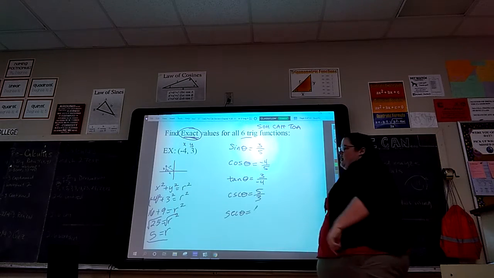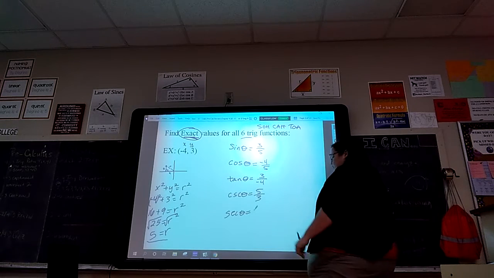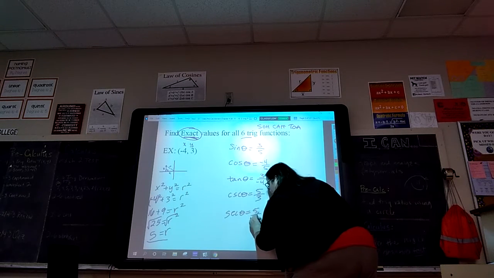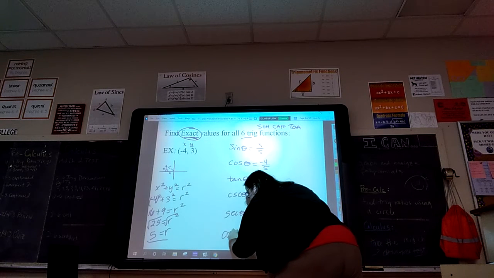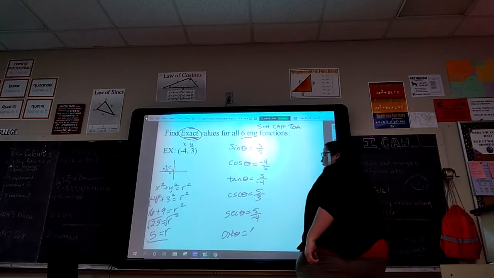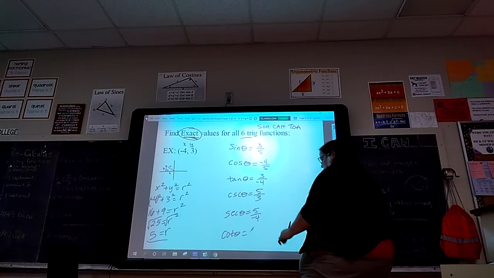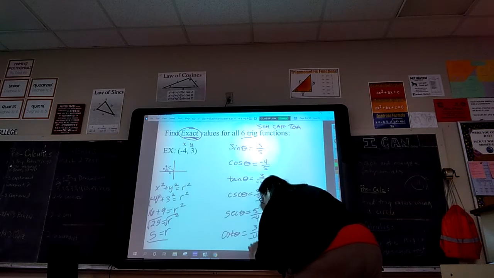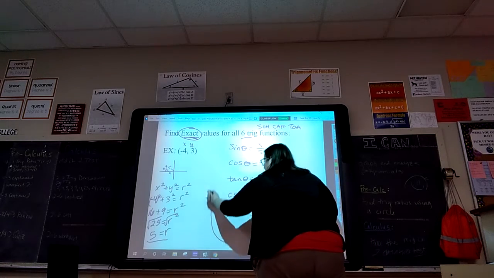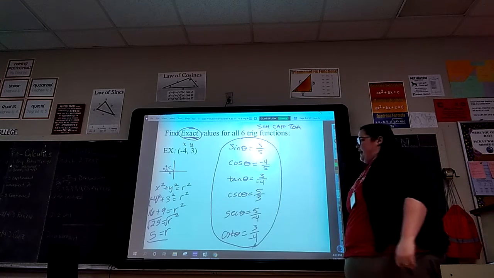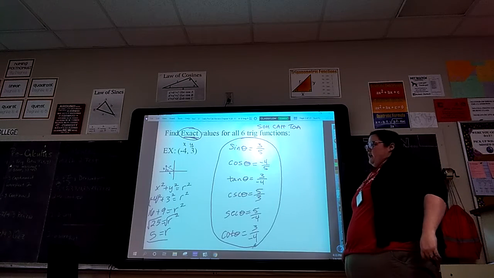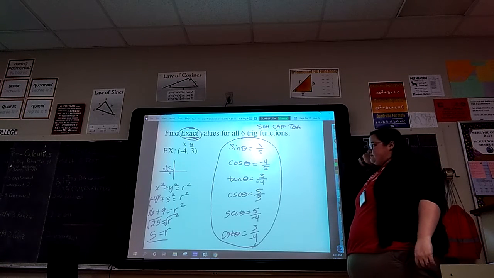Cosine was x over r, so secant is r over x, so 5 over -4. And then tangent's reciprocal is cotangent, which, tangent is y over x, so cotangent is x over y, so -4 over 3. And we're just writing exact ratios, and so once we have our x, y, and r, we can write out all 6 ratios using those values.